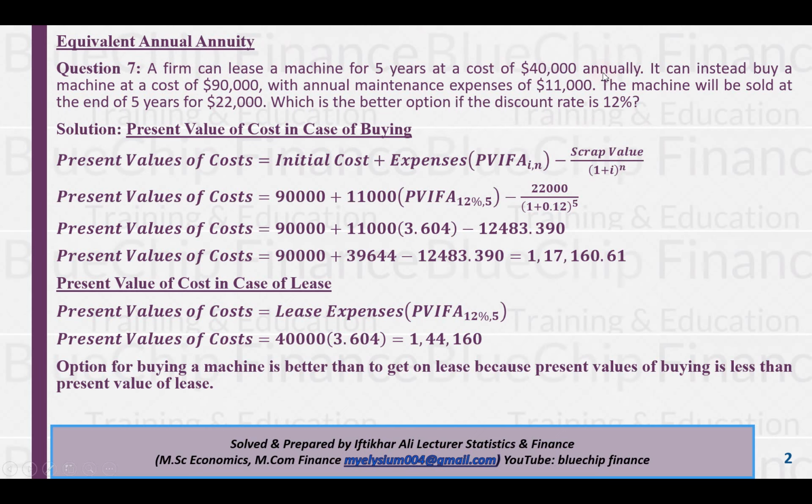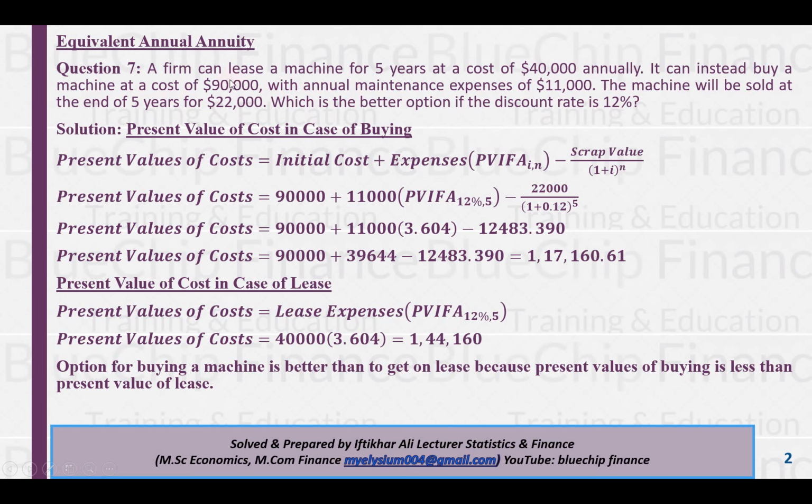So if a firm chooses option number 1, that is to get the machine on lease for 5 years, it will pay $200,000, 40,000 annually. It can instead buy a machine at a cost of 90,000 with annual maintenance expenses of $11,000. The machine will be sold at the end of 5th year for $22,000. Which is the better option if the discount rate is 12%?